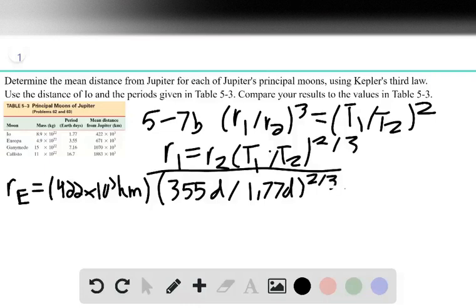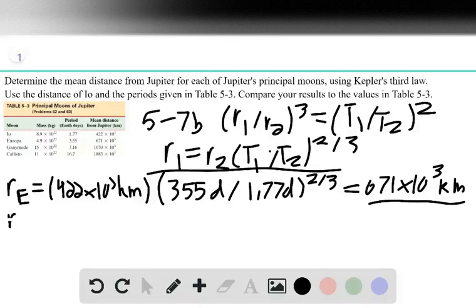And that gives us a radius of 671 times 10 to the 3rd kilometers. All right, that's for Europa.